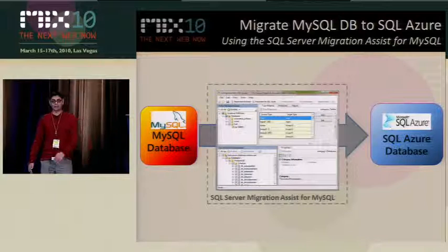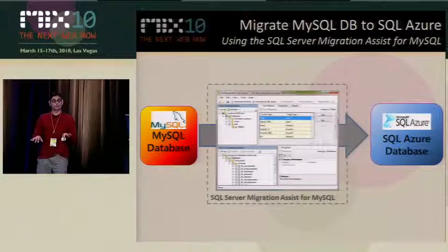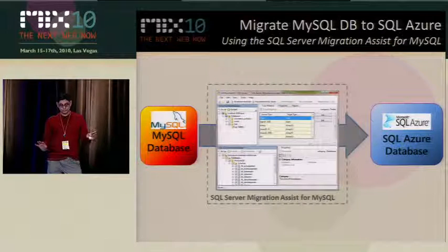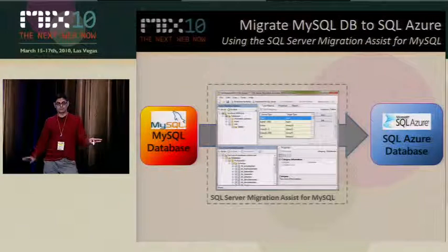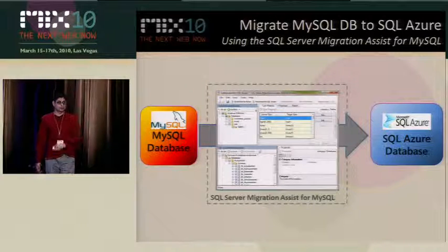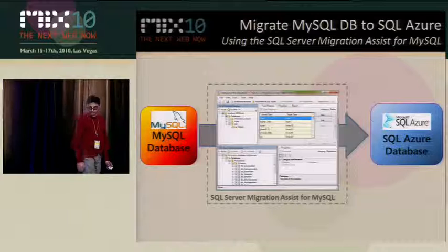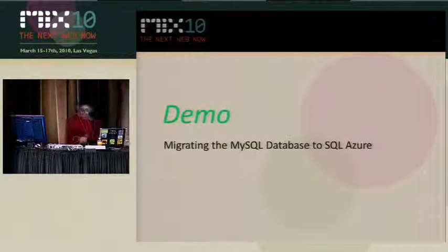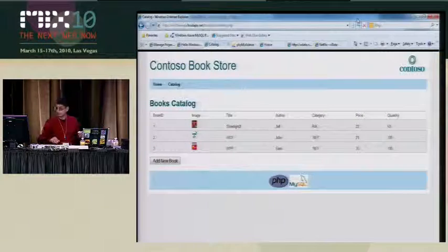I cannot make any promises as to what errors you might encounter and so forth. So take it understanding that it's CTP code. For my very simple bookstore, I had no problem migrating it over to SQL Azure. So I'm going to show you how I did that. Back to demo.